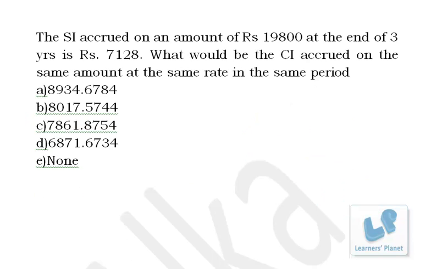Now this question: the simple interest accrued on an amount of rupees 19,800 at the end of 3 years is rupees 7128. What will be the CI accrued? So we need to find out the rate of interest first of all. So for 3 years, if it is 7128, then the per annum interest will be 7128 divided by 3, right? So I divide it by 3.